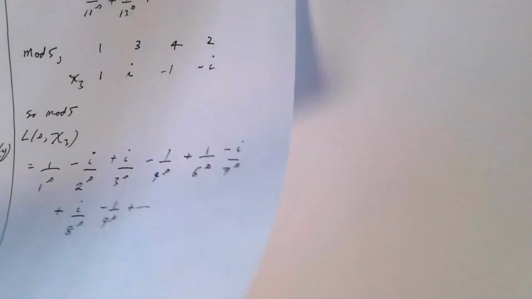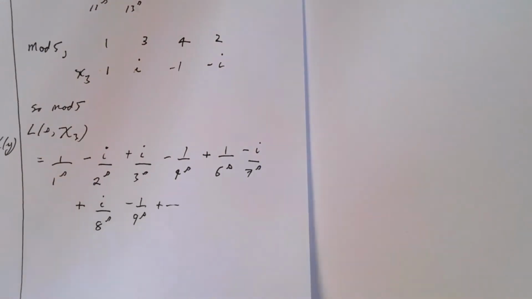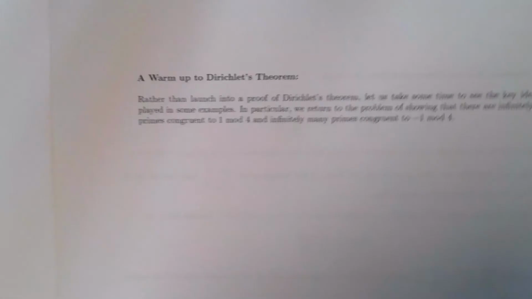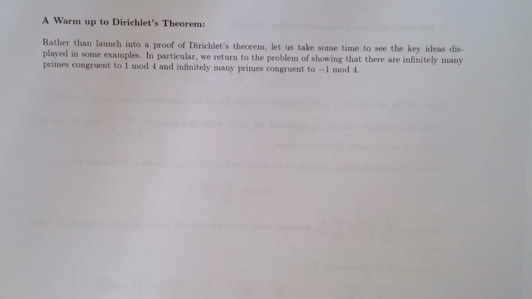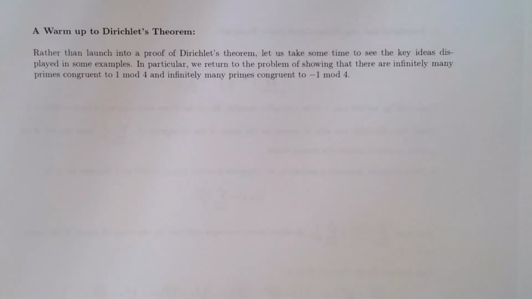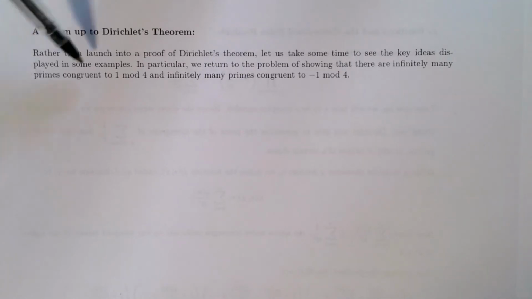Now, rather than launch straight into a proof of Dirichlet's theorem, which is quite technical and takes a good deal of understanding, I'm going to spend a little bit of time to see the key ideas that are going to appear in the proof of the result, and I want to see them displayed in some examples.